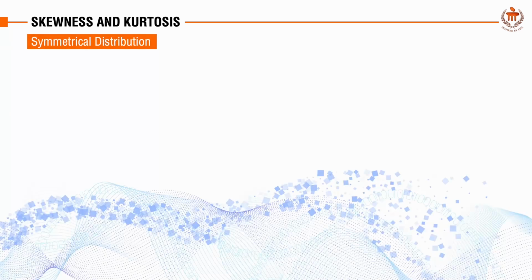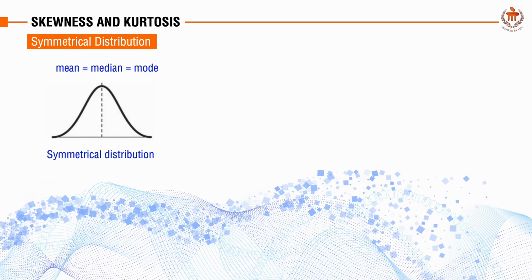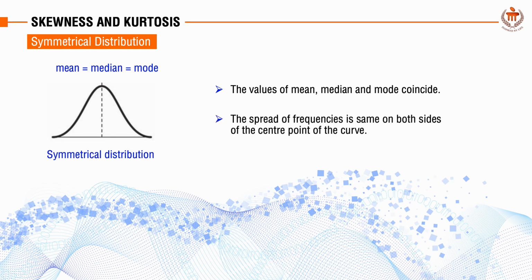When we talk about a symmetrical distribution, the values of mean, median, and mode all coincide. That is basically a symmetrical distribution pattern. The spread of the frequencies is the same on both sides of the center point of the curve.